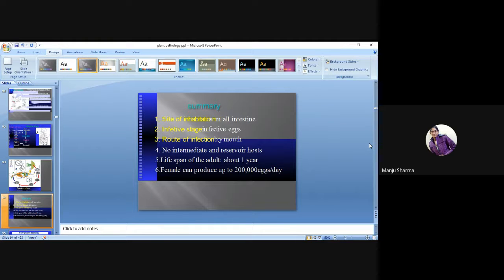The site of inhabitation is the small intestine, the infective stage is the infective egg, and the route of infection is by mouth.